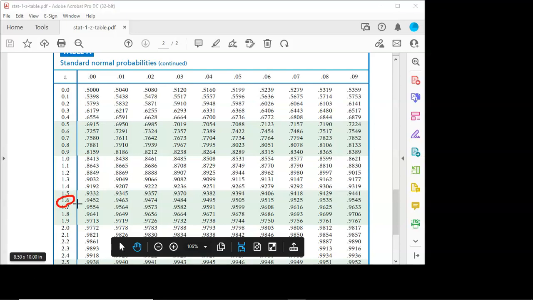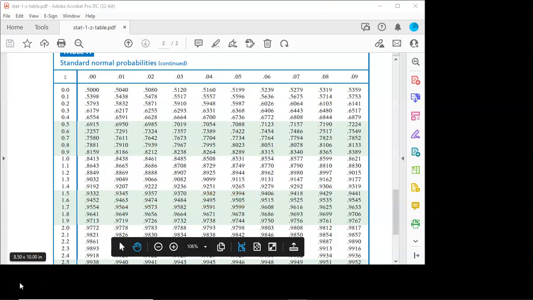So 1.6 and 1.64 is here. 1.65 is here. Let's see, 1.64, 1.65, 0.9495, 0.9505. So 1.645 is somewhere in the middle, so it's associated to about 95%. That's how you read the table. Make sense?